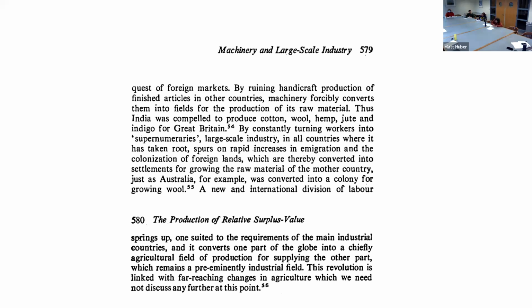But here he's starting to talk about what some scholars have called a world system of capitalism, where world system theorists like Immanuel Wallerstein talk about the core countries that have all the industrial technology becoming the exploiters of the peripheral countries that become raw material suppliers for this industrial machine that now needs way more cotton, wool, hemp, jute, all these raw materials.